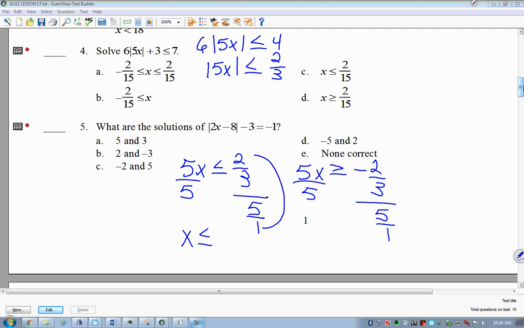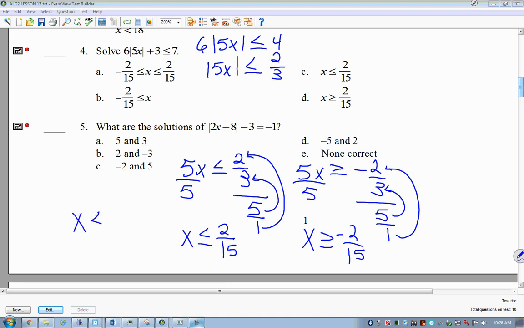So that's 1 times 2, which is 2, and 5 times 3, which is 15. Over here, same story. Negative 2/15. So x is greater than or equal to negative 2/15, and it is less than or equal to 2/15. So what we should see looks like this or that. Okay?